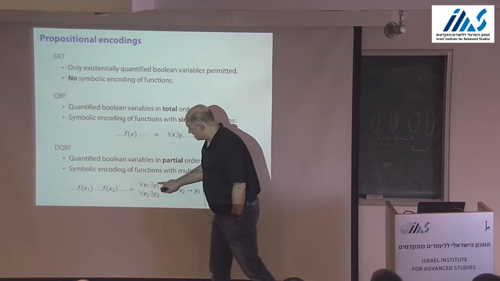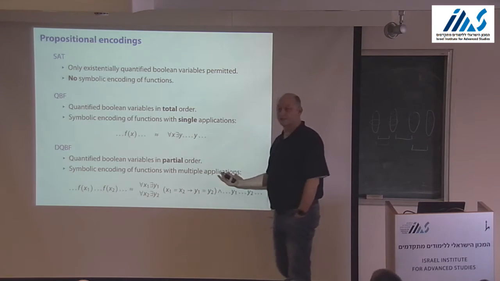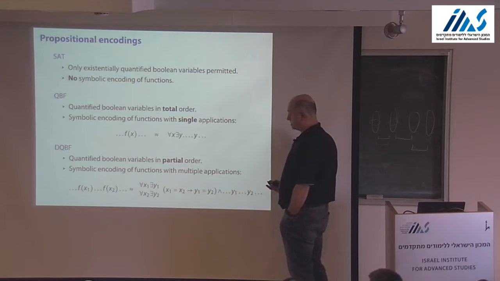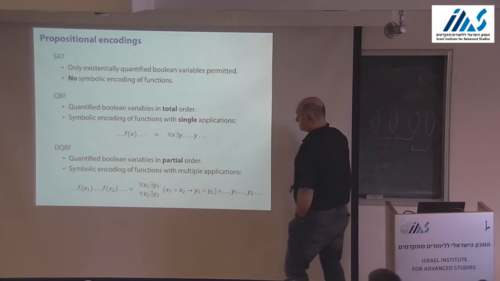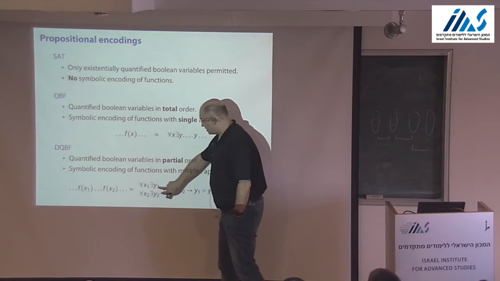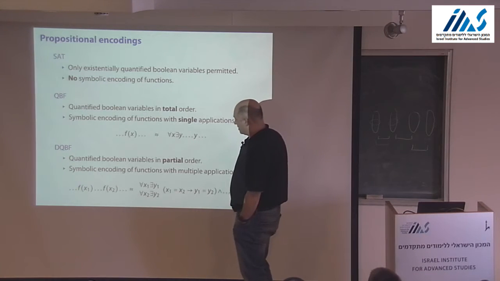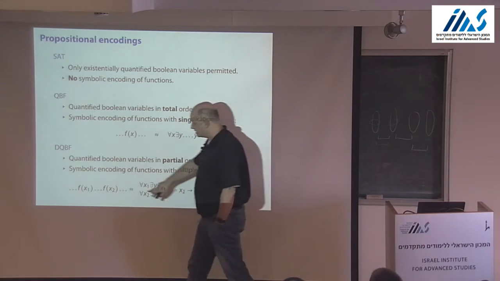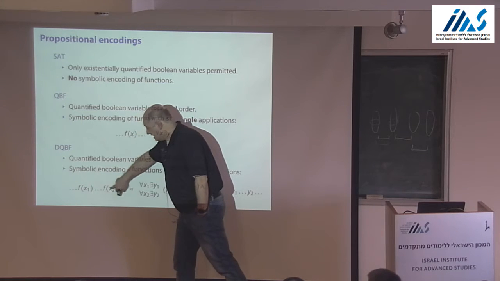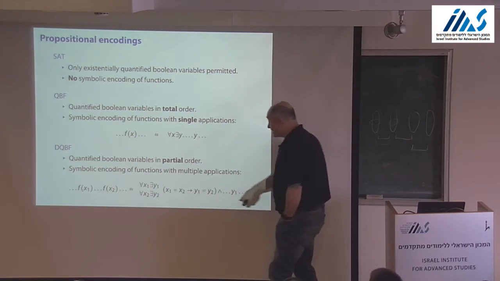So these quantified values are actually the results of the same function. Okay, so this is an encoding in dQBF of functions with arbitrarily many occurrences, and I just need to go from here to there.